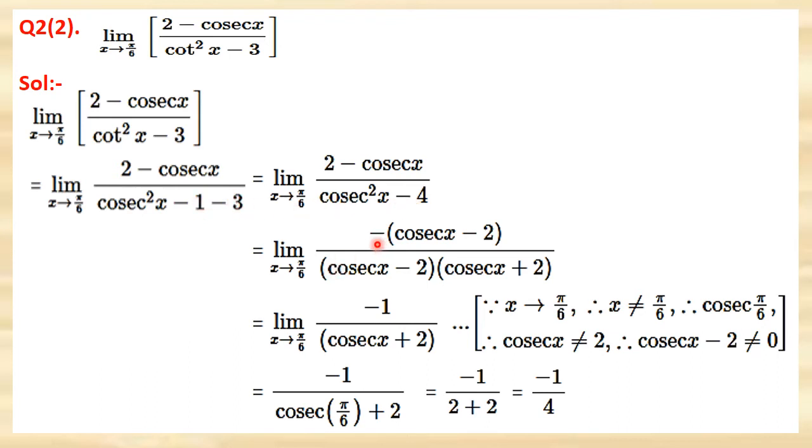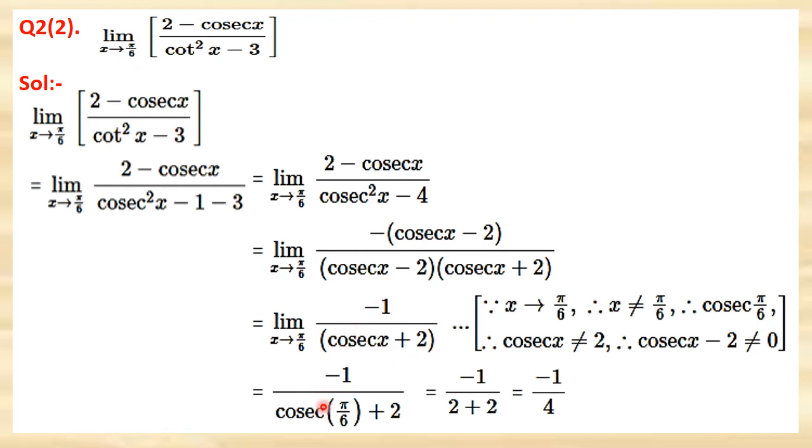Now minus, it can be written minus of cosec x minus 2, and the denominator is of the form a square minus b square, so it is split into two factors, that is a minus b into a plus b form. So cosec x minus 2, and both numerator and denominator have common cosec x minus 2, so it is cancelled. So limit x tends to pi upon 6, minus 1 upon cosec x plus 2.